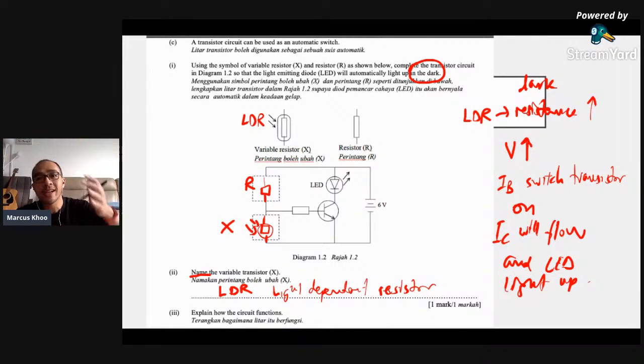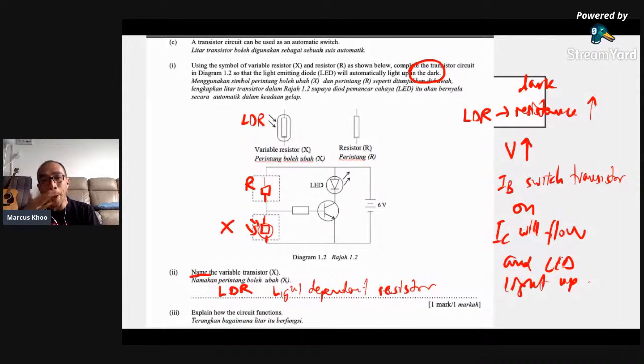The only thing you have to remember is which situation the resistance is high. For the LDR, it is when it's dark. But you also have to remember in which situation you want the LED to light up. So in the dark means the LDR must be at the down position.